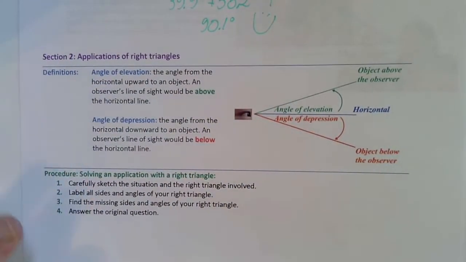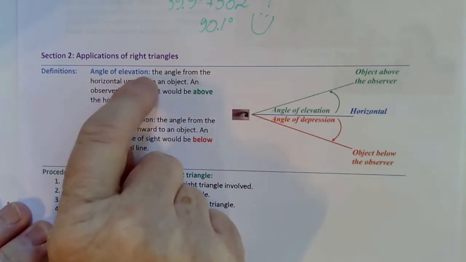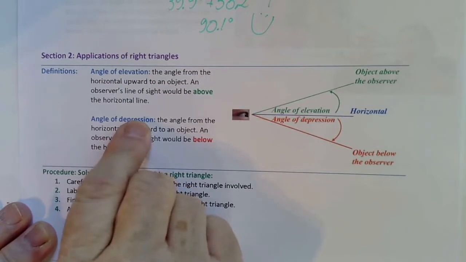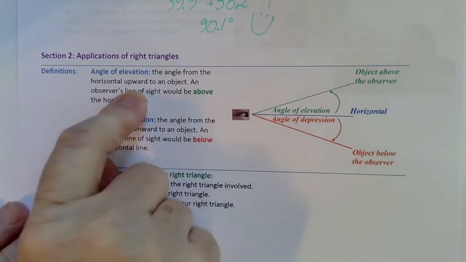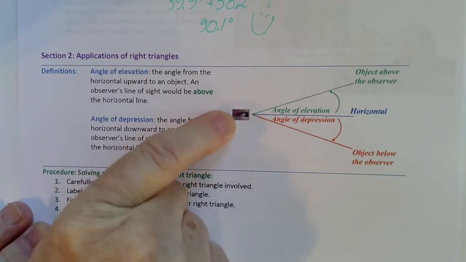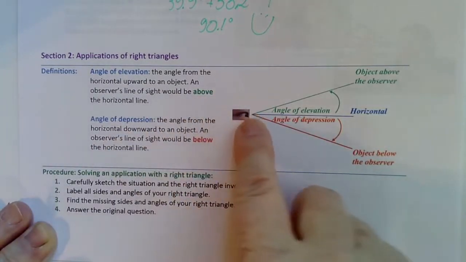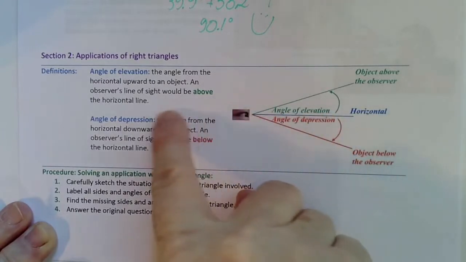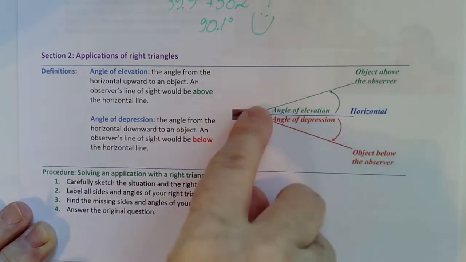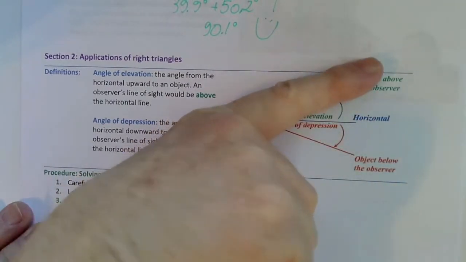All right, more definitions. The angle of elevation. Elevation and depression are both with respect to someone, an observer. So I put an I. From the point of view of this observer and that observer's horizontal line, the angle of elevation is the angle up to an object.